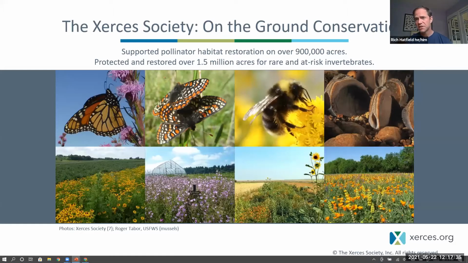In addition, largely through the pollinator program that I mentioned, we do a ton of on-the-ground conservation. Over the last couple of decades, we have protected nearly 1 million acres in North America, and we've protected and restored over 1.5 million acres through work with the Forest Service and BLM throughout North America as well. So lots of important conservation work is happening through our organization.